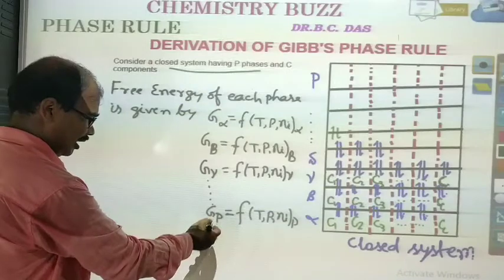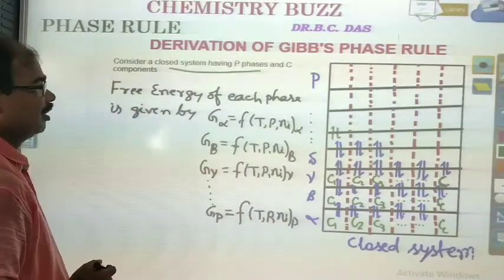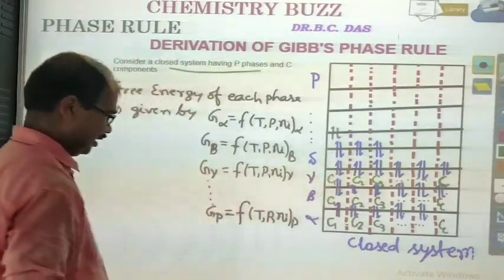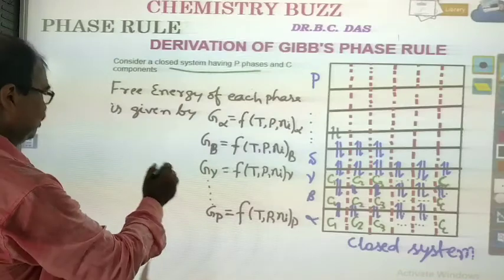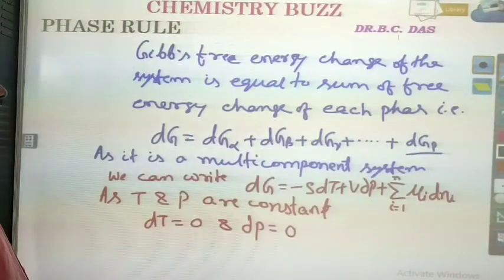So gamma phase and up to P phase, it is like this. And as the phases are in equilibrium, we have to find the total free energy of the system.